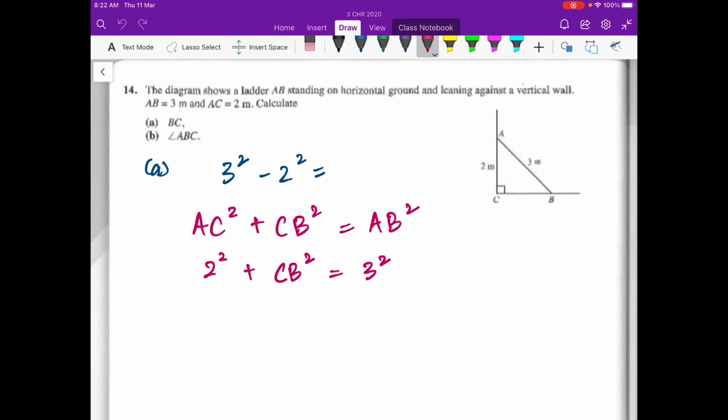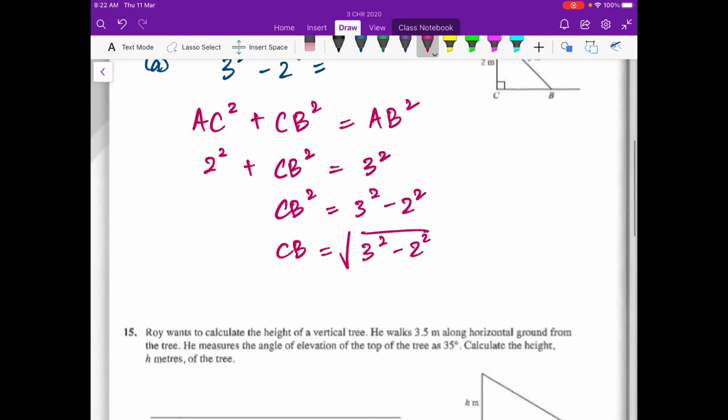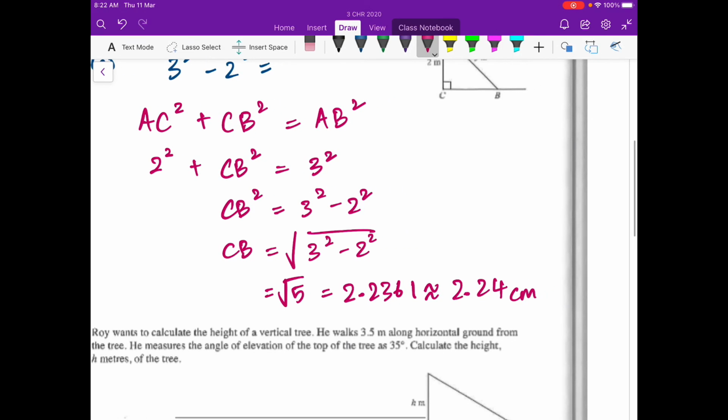Make CB squared the subject. 2.2361. 2.24 lah. Okay?